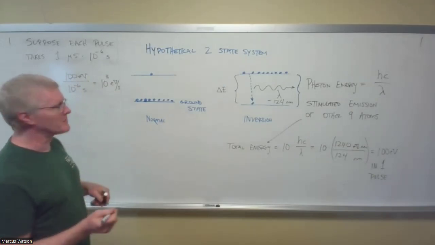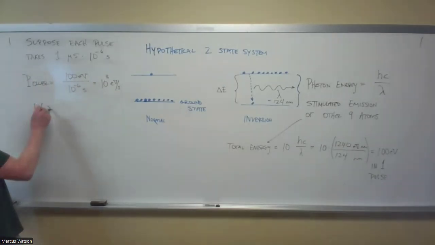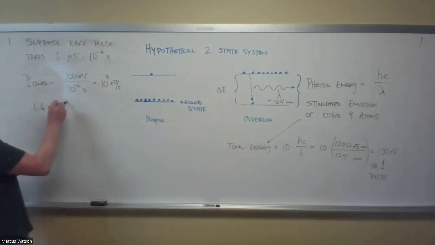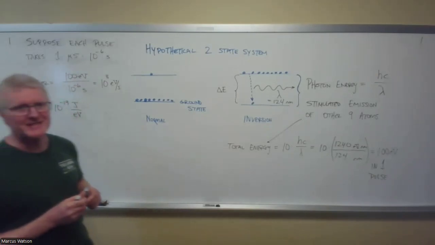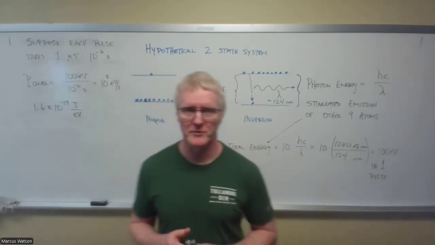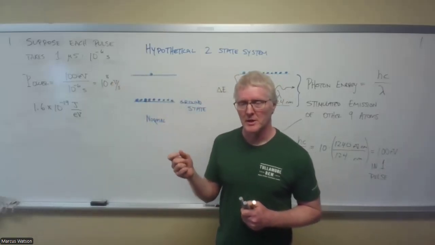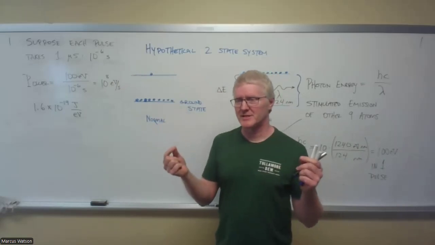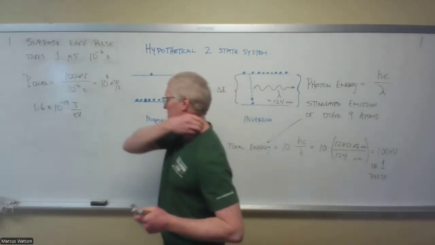which I don't know if we've done before or not, but it turns out there is, in 1 eV, 1.6 times 10 to the minus 19th joules in 1 electron volt. And the reason that it's that number is because that's the charge on the electron. The charge on the electron is the thing that tells us how much energy an electron picks up when it goes through a potential difference. Okay?